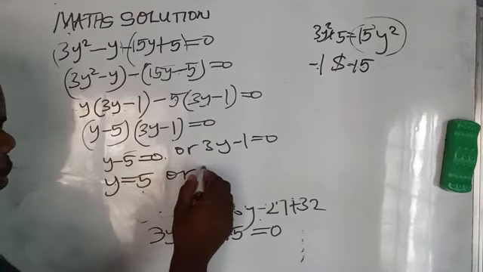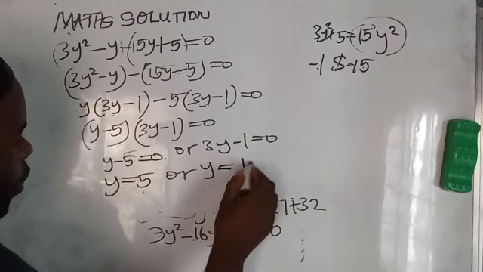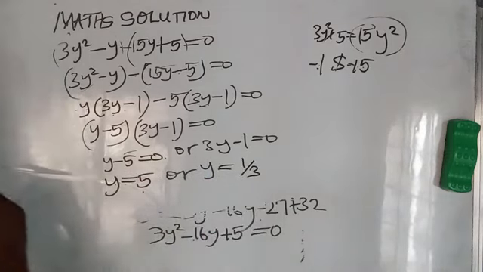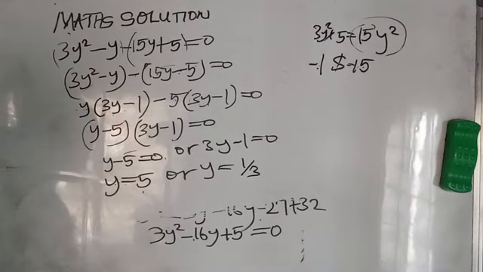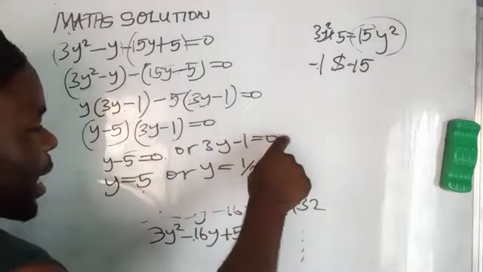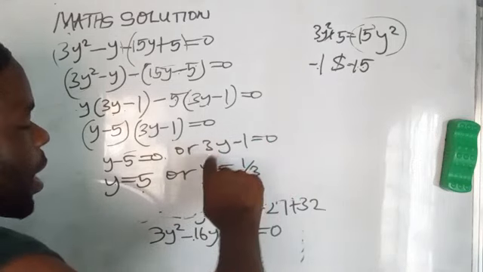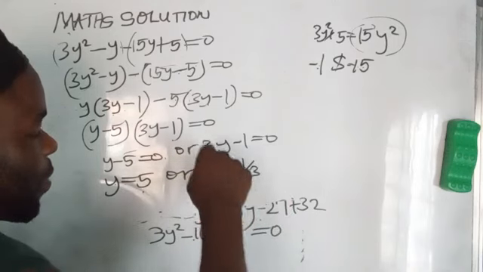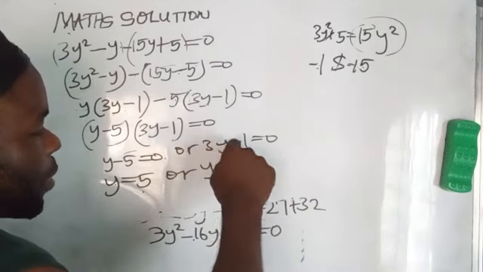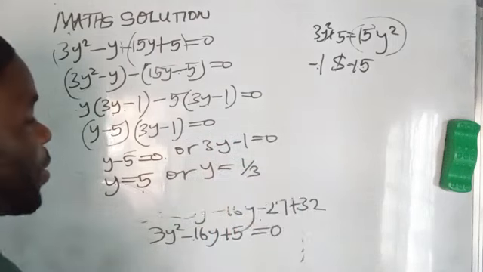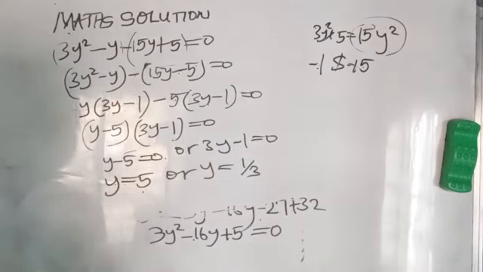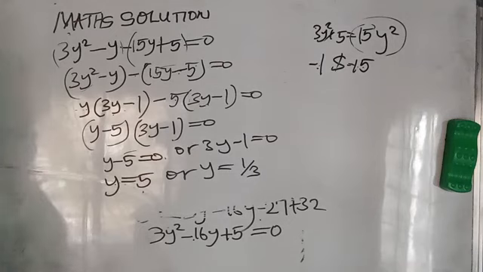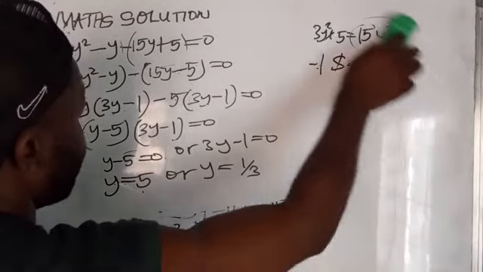Or y equal to 1 over 3. Because you cross this to this side, which is 3y equal to 1. Then make y the subject of the formula by dividing both sides by the coefficient of y, which is 3. See why it is like this.